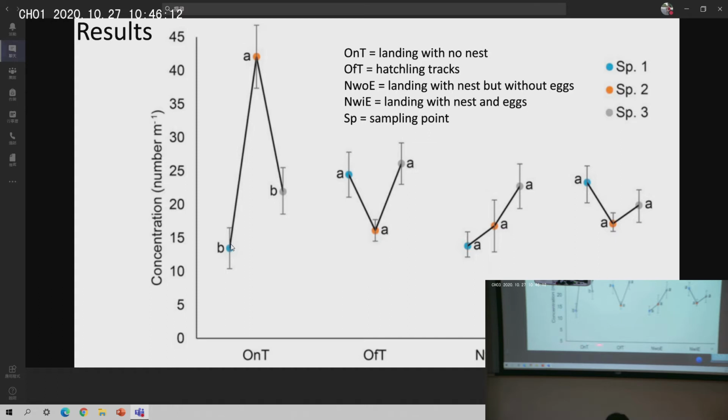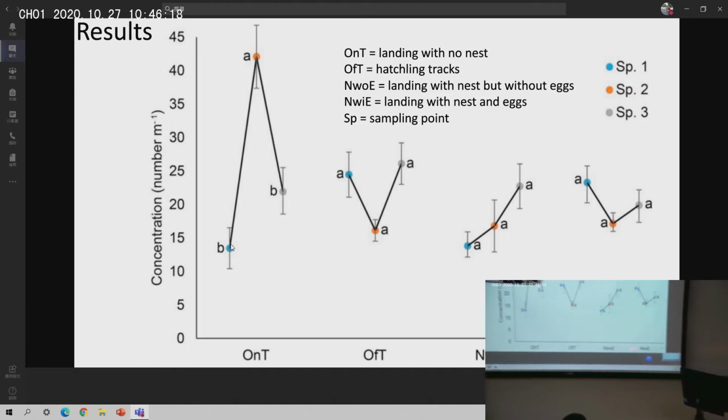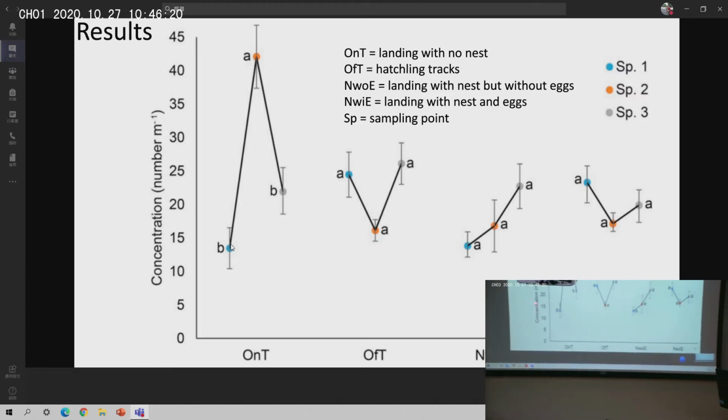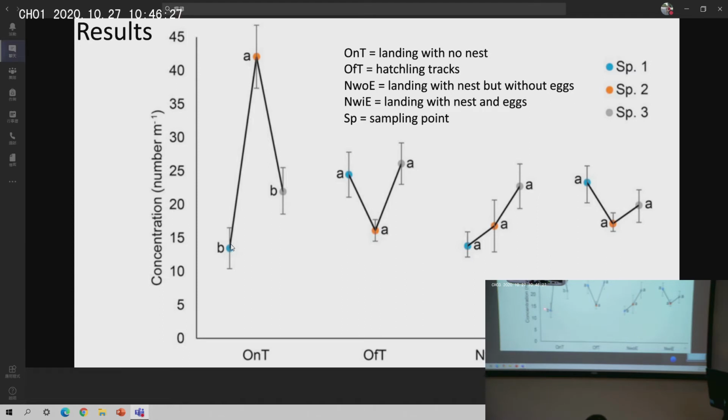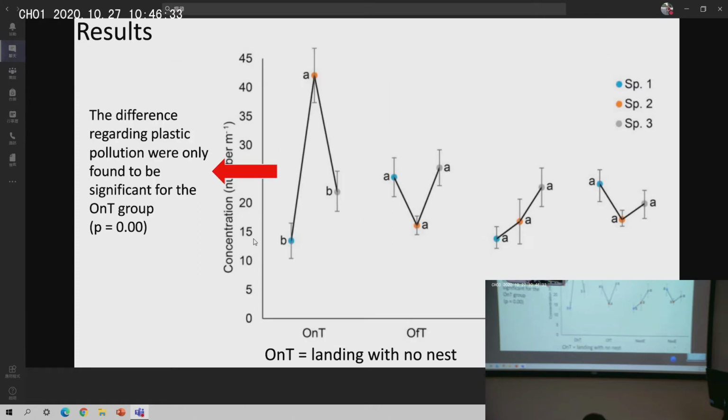The x-axis is the 4 types of turtle track: ONT, LFT, NWOE, and NWIE. And the y-axis is the concentration of plastic, number per meter. The blue dot, orange dot, and gray dot are the sampling points. We can see that the difference regarding plastic pollution was only found to be significant for the ONT group.